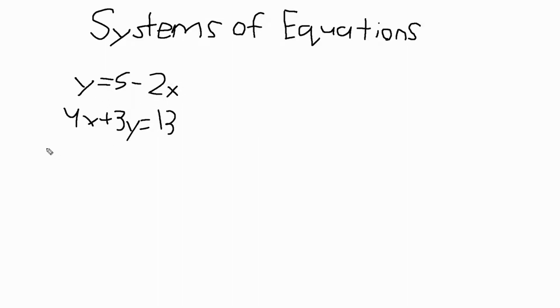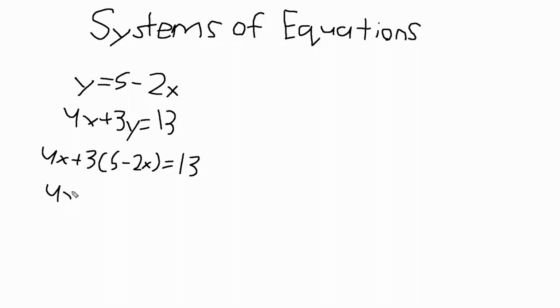So we want to do 4x plus 3 times (5 minus 2x) equals 13. This will make it easier to solve for x. So next step is to solve the parentheses.